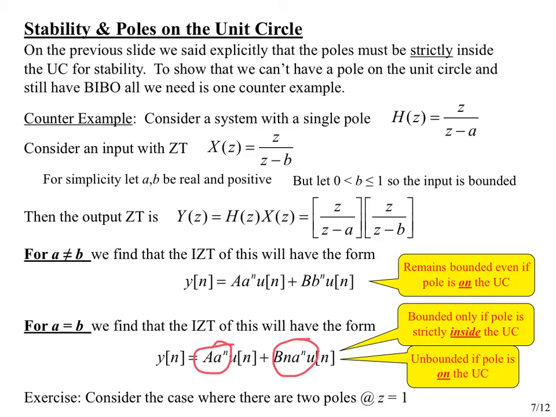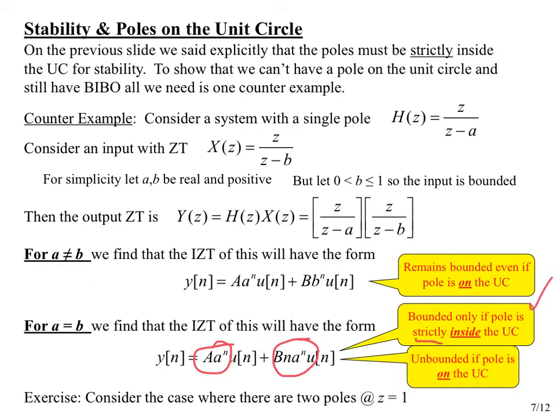It starts at 0, obviously, because when n is equal to 0, we have that product equal to 0. And as n grows, we'll see that this term starts to go up, but then ultimately the exponential wins out, and so it starts to come back down. So that's if the pole is strictly inside the unit circle.